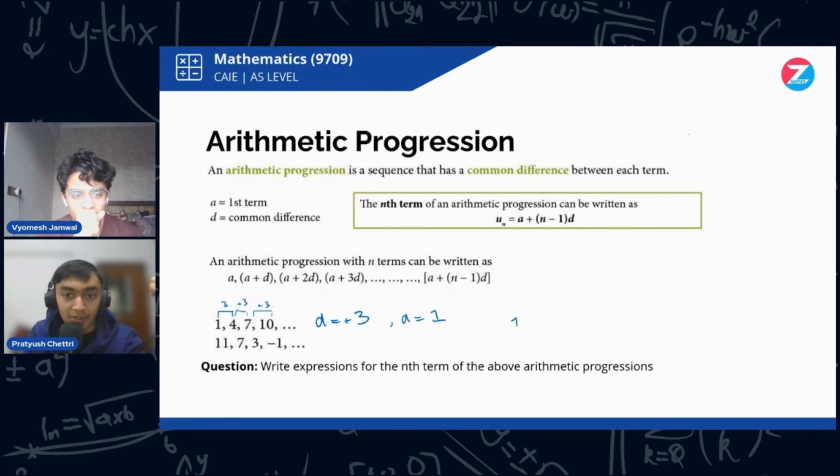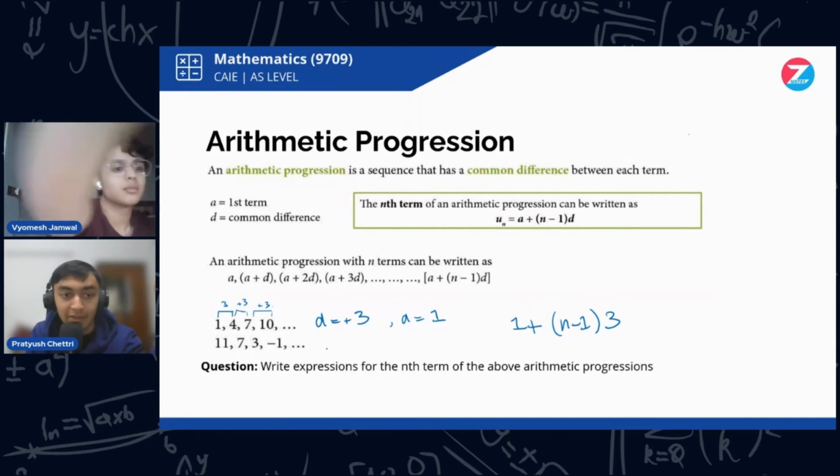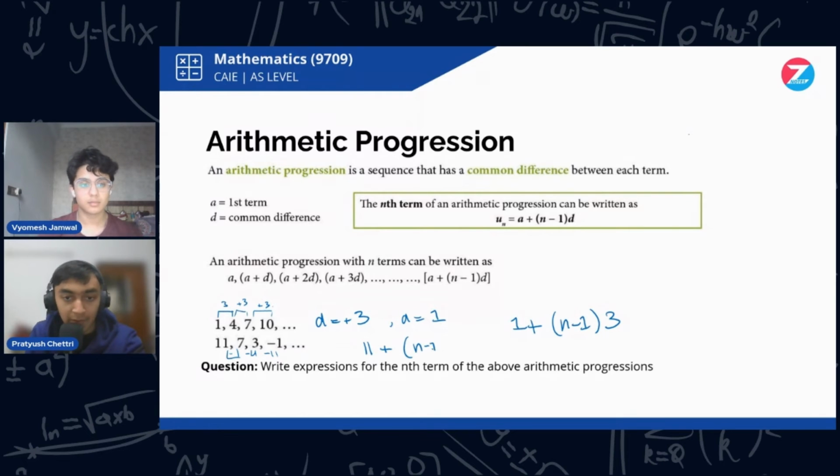So I know my expression is 1 plus n minus 1 times 3. This is my expression for this arithmetic sequence. We can do the same thing here. It goes minus 4, minus 4, minus 4. D is minus 4, A is 11. So it's 11 plus n minus 1 times minus 4, equal to the nth term.